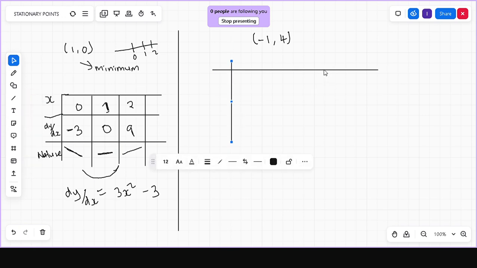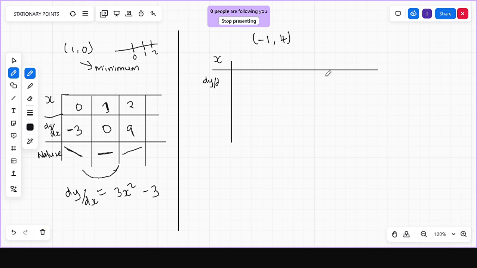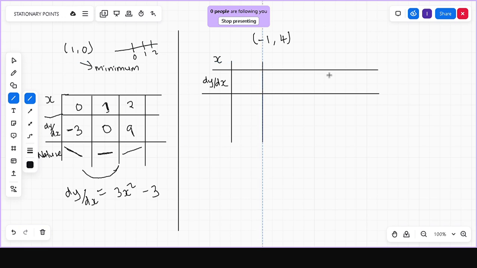So we got x and we got dy dx. Then we have the 3 points. The first value of x here is -1, so we're going to put that -1 in the middle.